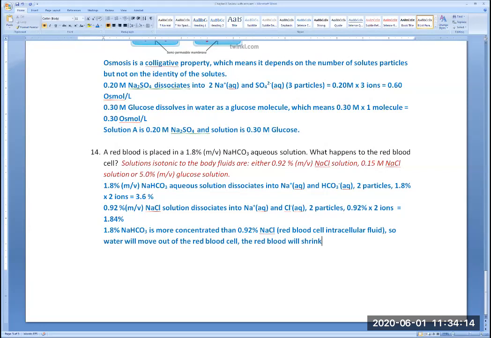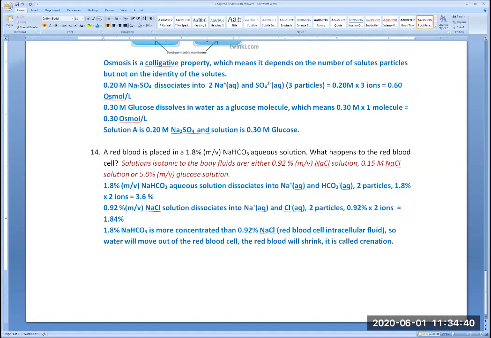Right, the water will move out, so the volume of the red blood cell will shrink. It is called crenation. You don't have to remember this, but this is called crenation, when the red blood cells are misshaped due to the fact that water moved out.